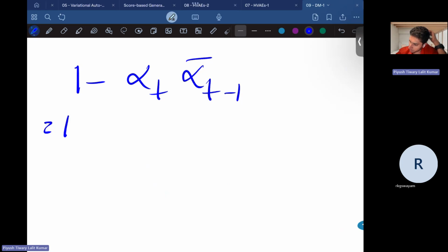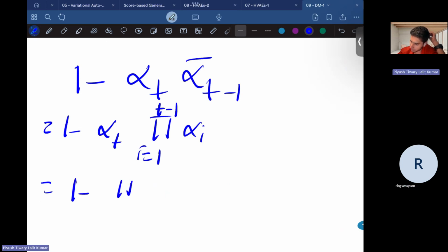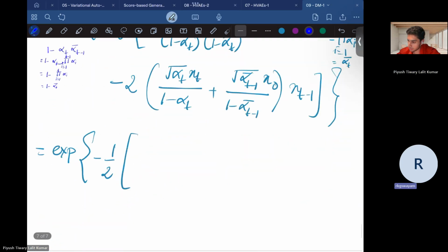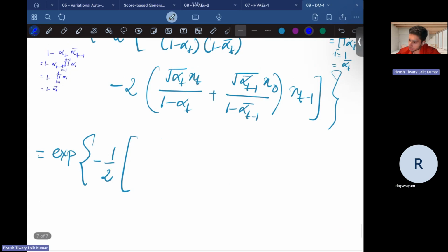This is equal to 1 minus the product of alpha_i going from 1 to t, because you can take this inside, and this is nothing but 1 minus alpha_t bar.